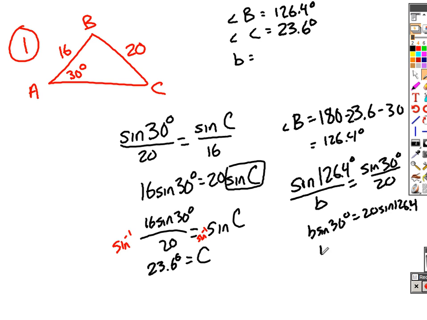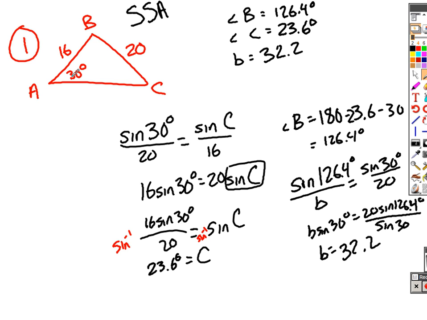We're going to divide then by sine of 30. So b equals 20 sine of 126.4 divided by sine of 30. And when I do that, I should get 32.2.